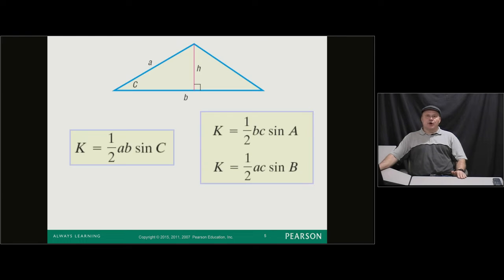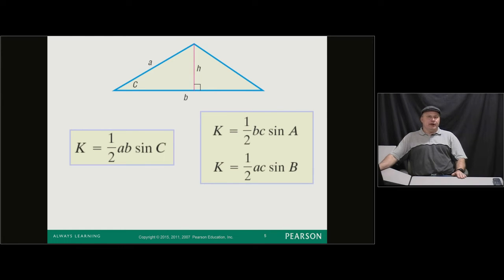Alrighty? So the area formula is 1/2 A times B times the sine of angle C. Now they pull this one to the side because it's related to the picture above it. If you look at the picture above it, we know the area is 1/2 base times height.